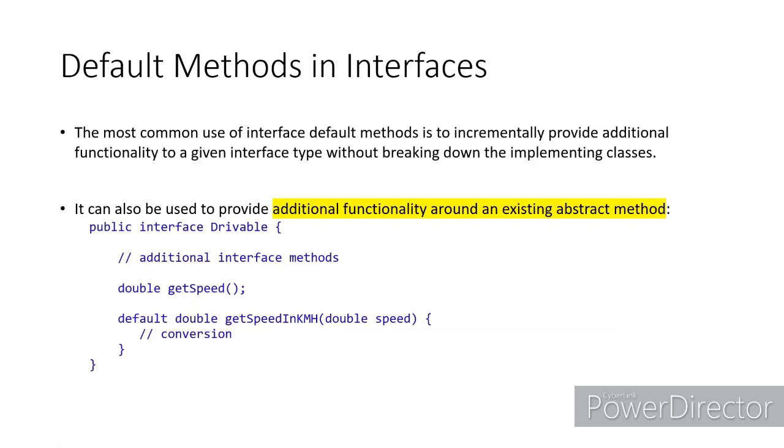But later on I got a requirement from the client to write some code which will give me speed in km/h. So what I can do is add a default method over here for the same, getSpeedInKmph, do the conversion, and return that speed. So I just added a conversion which will convert my speed from one unit to another unit. That is a functionality added around an existing abstract method.